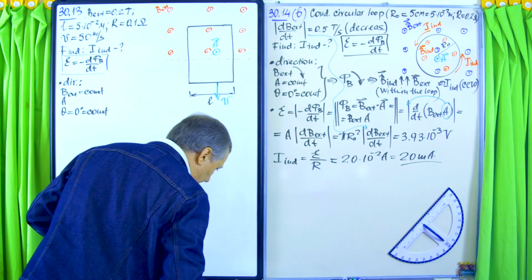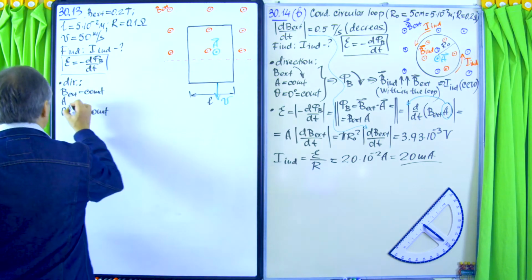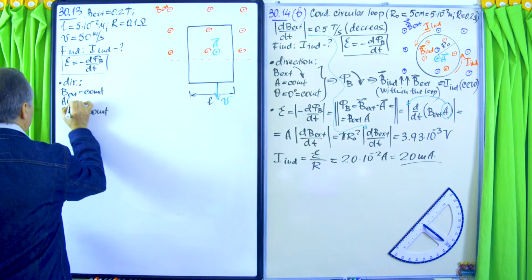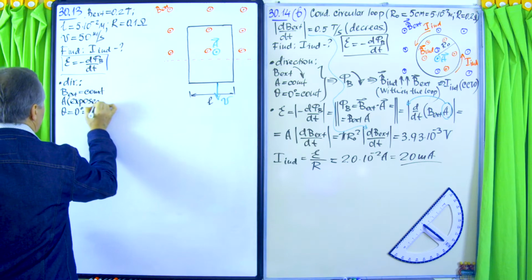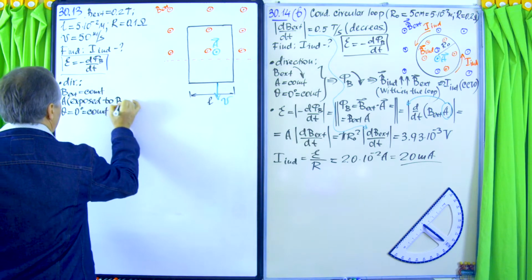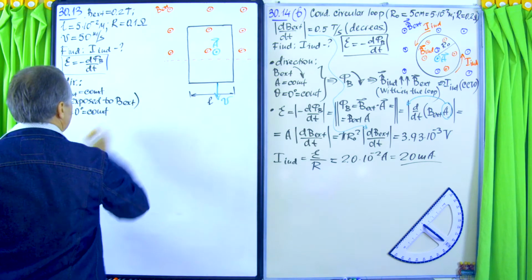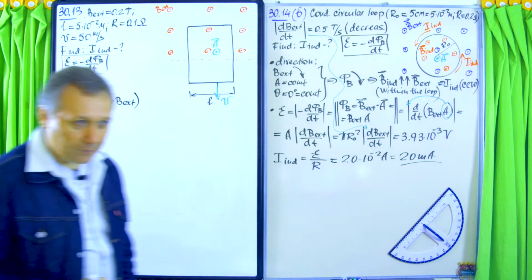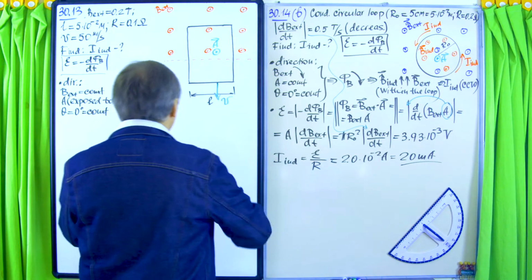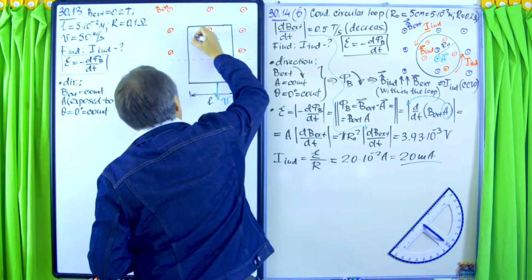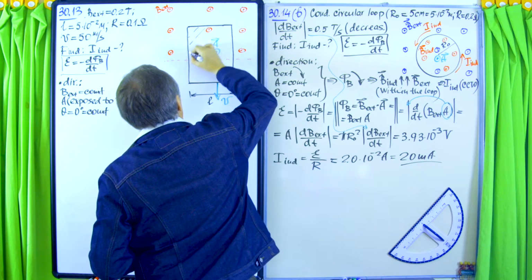So which way did I write it? Okay, so I will write area, and right over here, exposed to the external field. And what happens to that area? And you know what, I can slightly highlight it sort of like this, right?